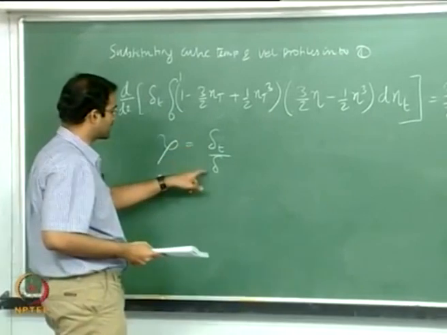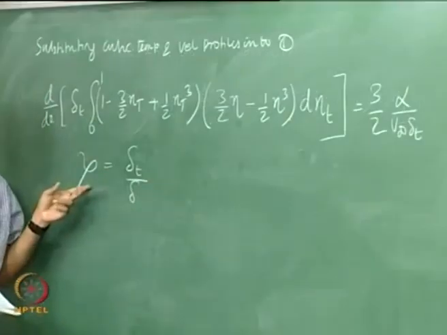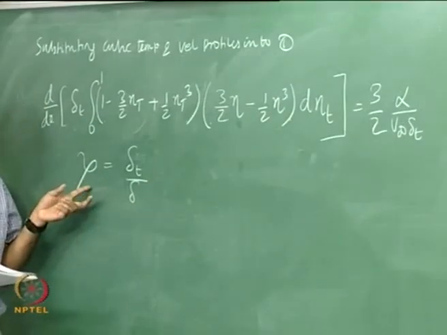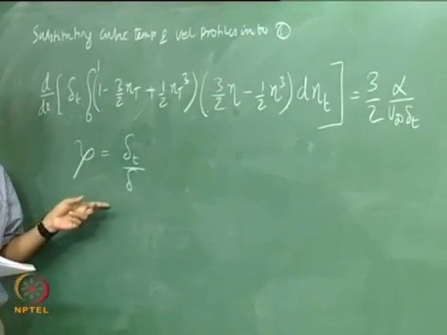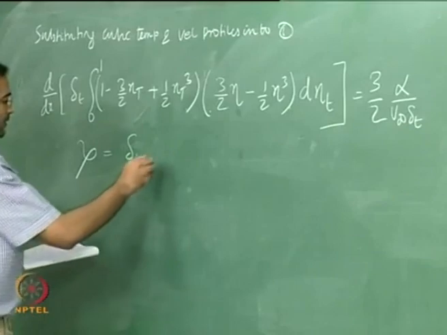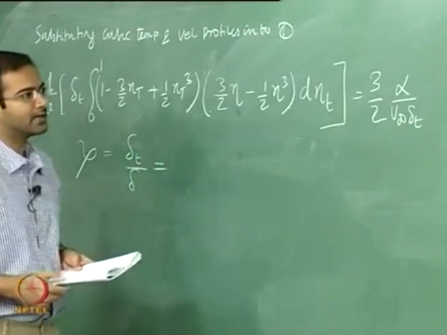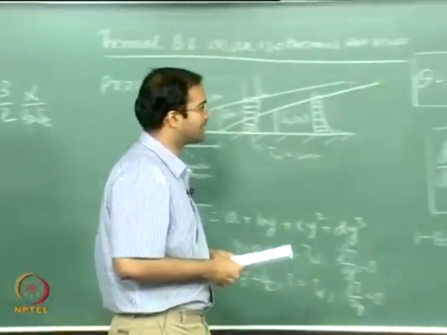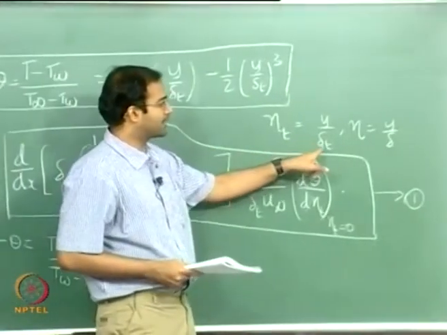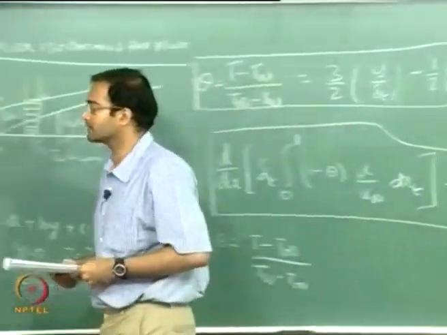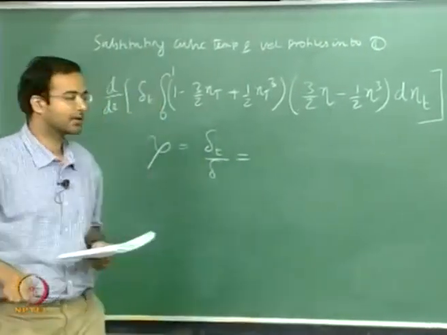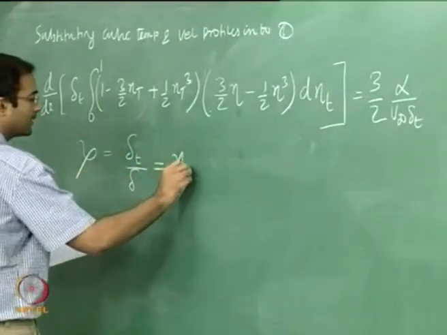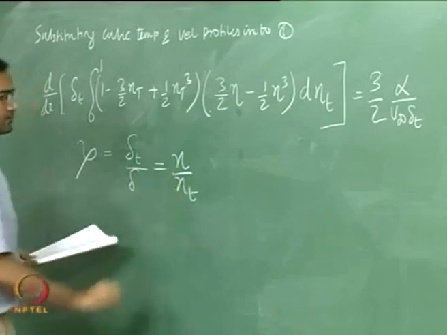Since this is the ratio of the two boundary layer thicknesses, it has to be a function of Prandtl number. Since I define eta as y by delta and eta t as y by delta t, you can also express this as the ratio of eta t and eta, so this will be nothing but eta by eta t.